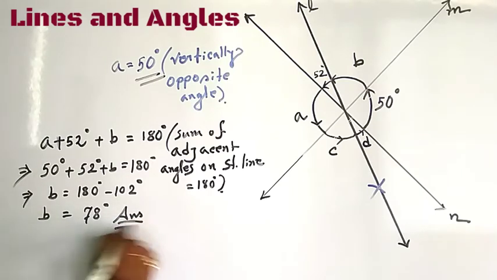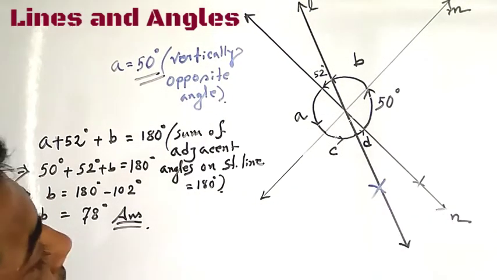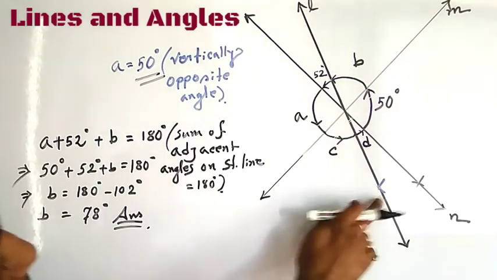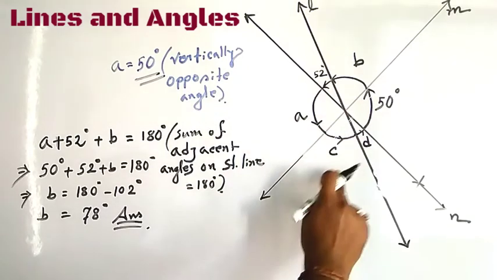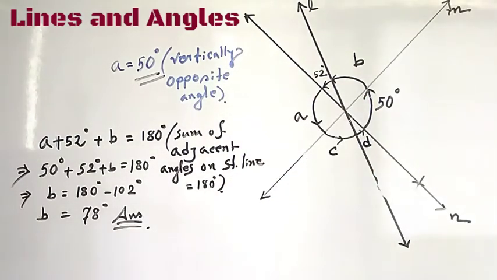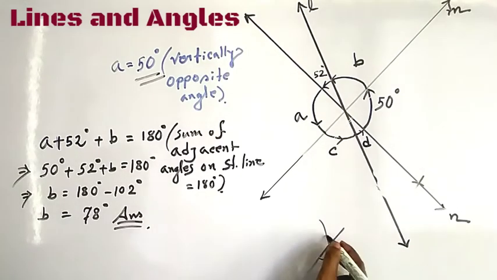So your B is complete. Now, you thought this line N was missing, but this line is present. So we can say B and C are vertically opposite angles, because the lines bisect like this. Here is one angle and here is one angle.